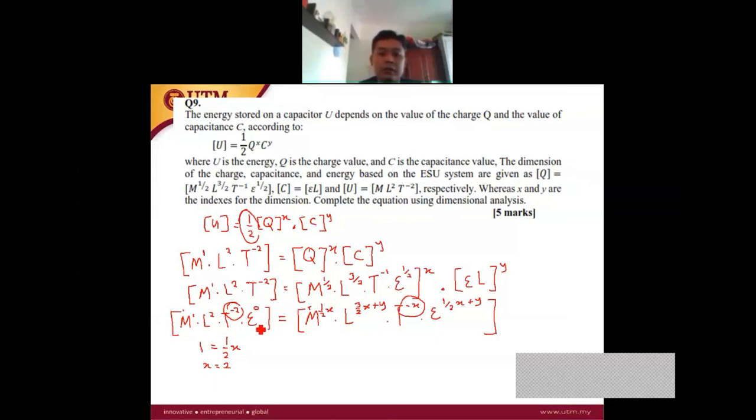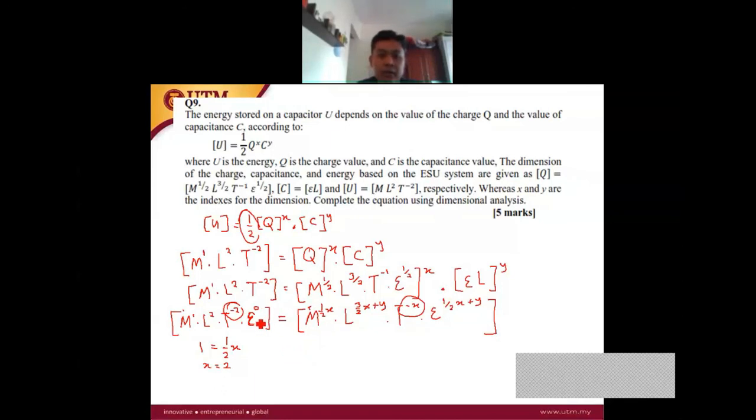Then you want to find the value of y. You can compare the index value of L on the left hand side with the index value on the right hand side, or the index value of epsilon on the left hand side with the index value on the right hand side. So either one should fulfill it, and you should get the answer.